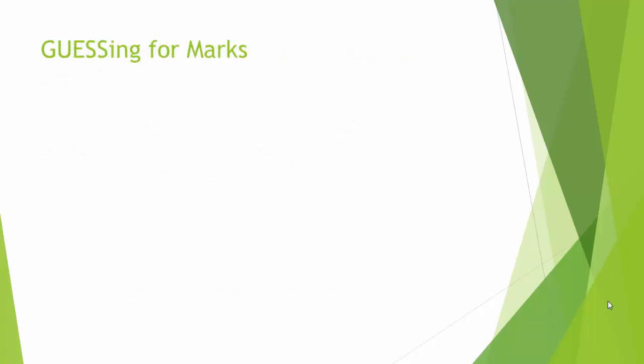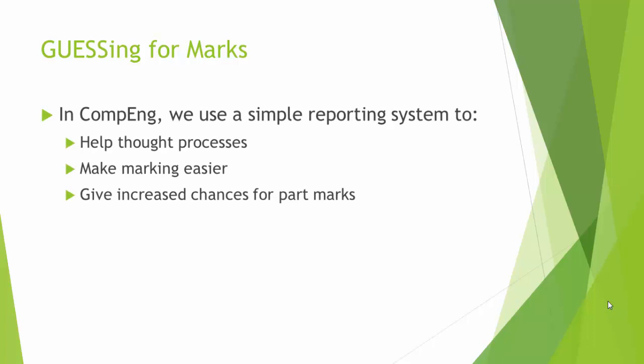So you may have already figured out that GUESS is an acronym. It stands for the steps of communicating a solution in mathematics. We're going to use this simple reporting system, and it's going to give us at least 3 benefits. One, it's going to help us with our thought processes. It's going to help us to think through questions effectively. The next is near and dear to my heart.